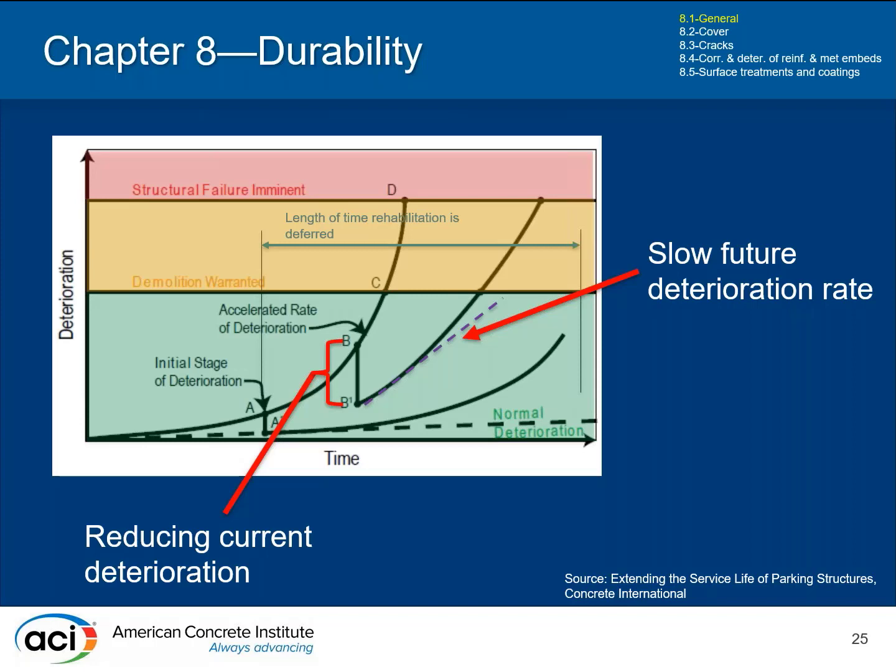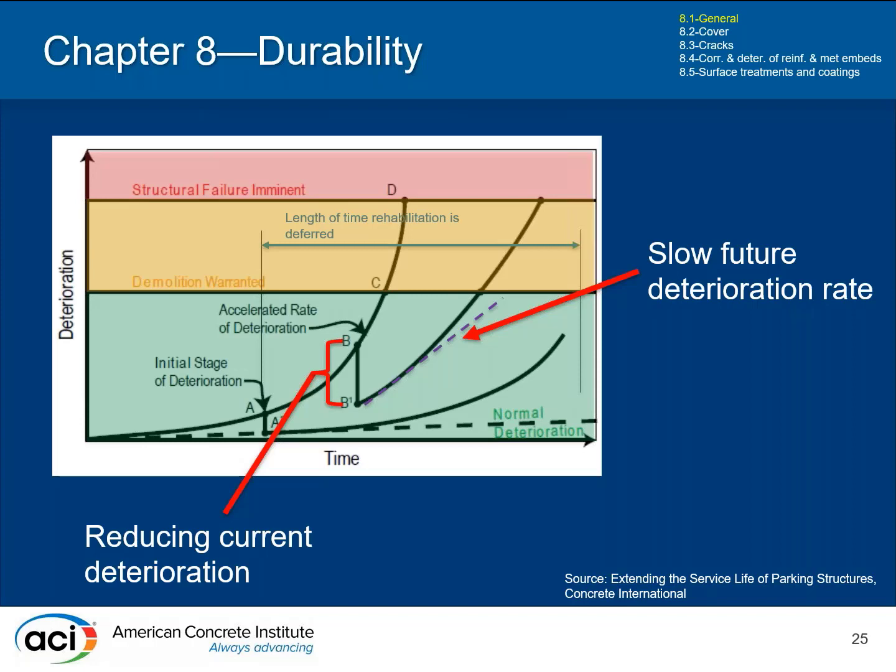The idea behind the durability chapter is more about slowing that future rate of deterioration. So that purple dashed line off to the right, we want to get that as shallow as possible, so we're not in the same place we are now in a very short period of time.